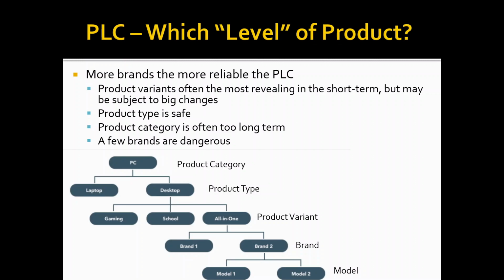And it wouldn't necessarily be like a company like Nokia, at least in the US, who was a global leader but did very poorly in the US when it came to smartphones. So the rule of thumb is just the more brands, the more variants in the product life cycle, the safer it is. You have to weigh that against how useful is that information.